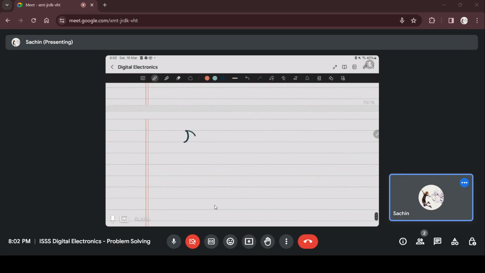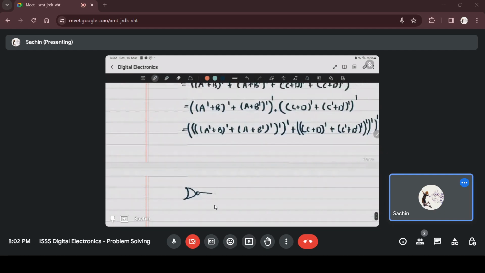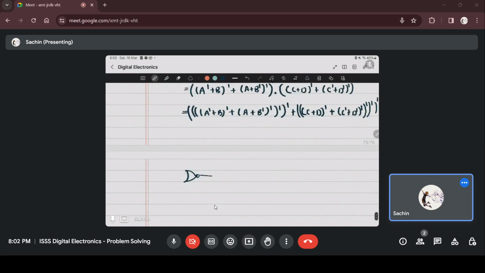You'll have (a' + b)', then (a + b')', then their sum primed, passed through an inverter.